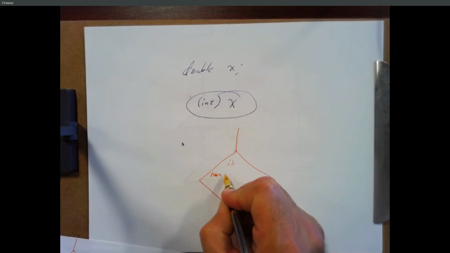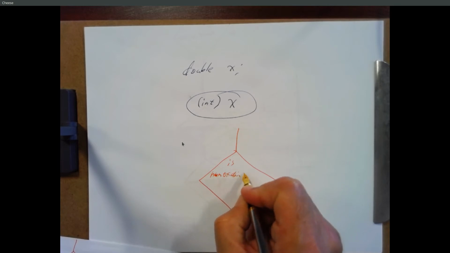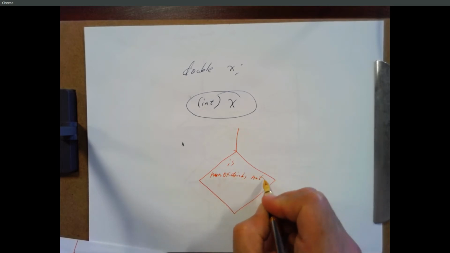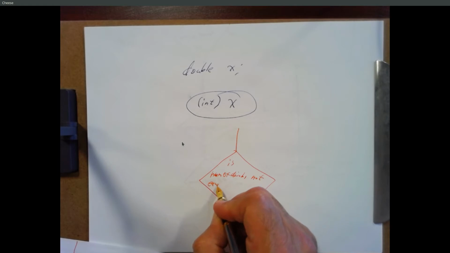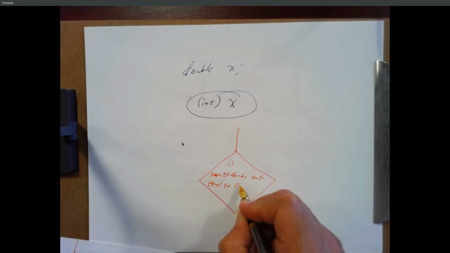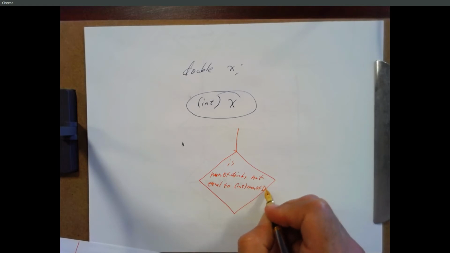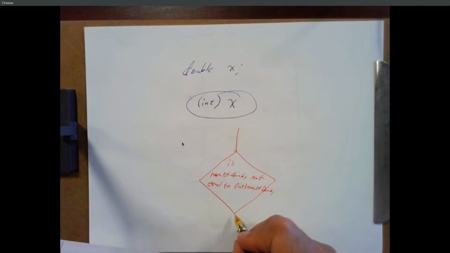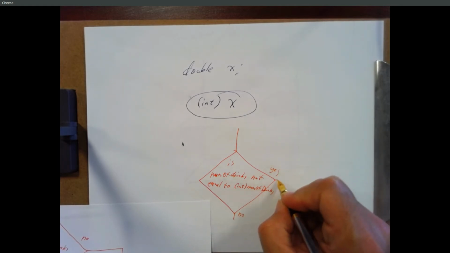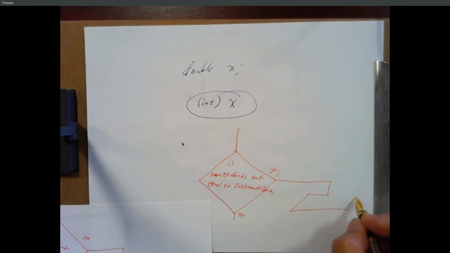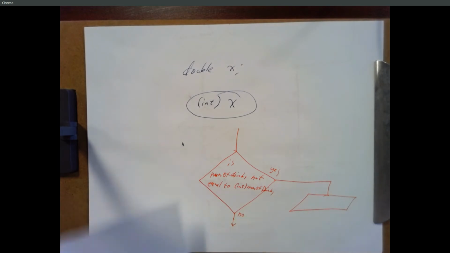Is the number of drinks not equal to the integer number of drinks? And if it's not equal, we'll go ahead and print out a message. Otherwise, we'll just continue.